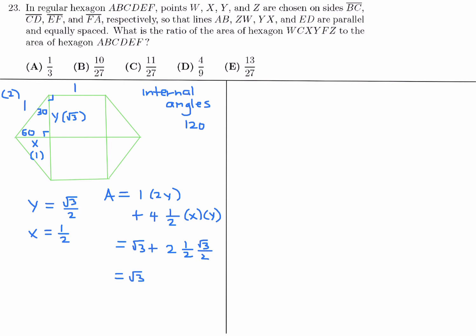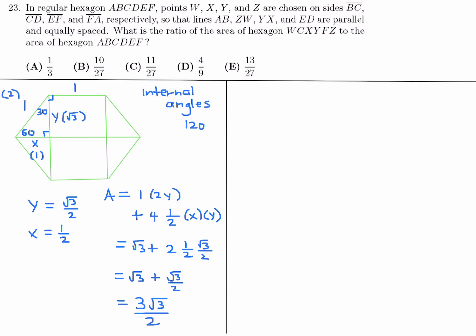So this is root 3 plus root 3 over 2, and that's 3 root 3 over 2. All right, so that's done.